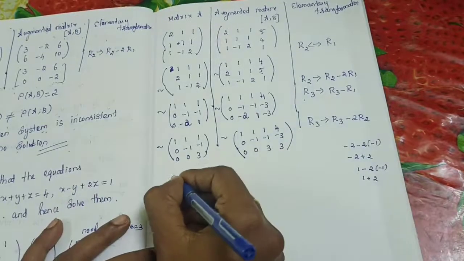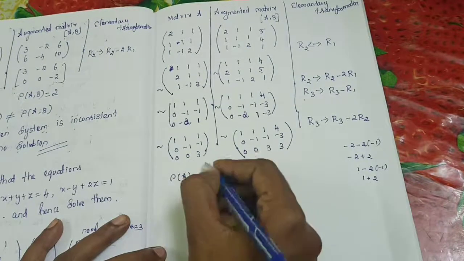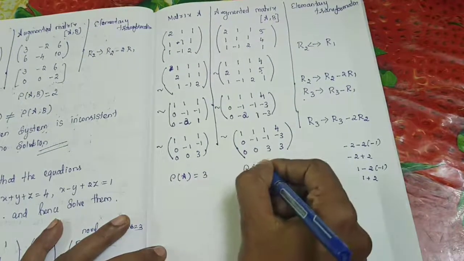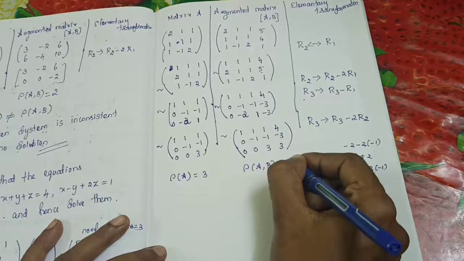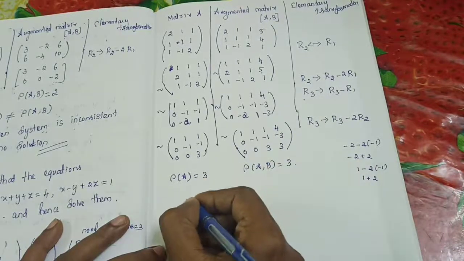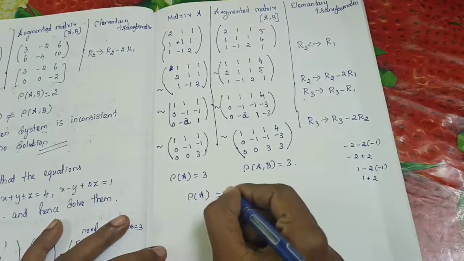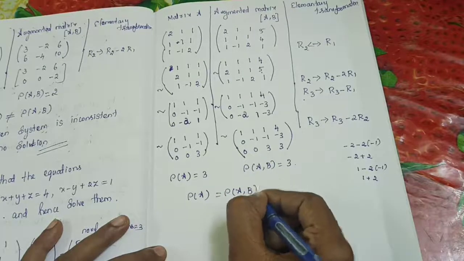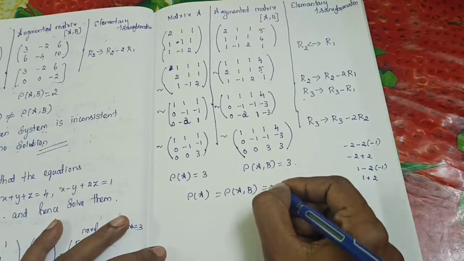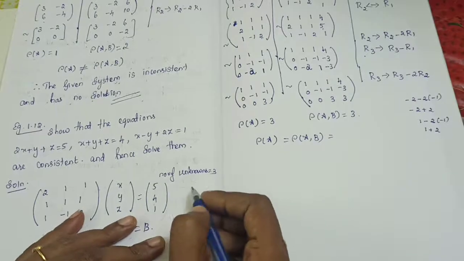Okay. Now rank of A. How many non-zero entries? 3. Here rank of A comma B. How many non-zero entries? 3. Is it right? So we come to know rank of A is equal to rank of A comma B is equal to number of unknowns. How many number of unknowns are there? 3.